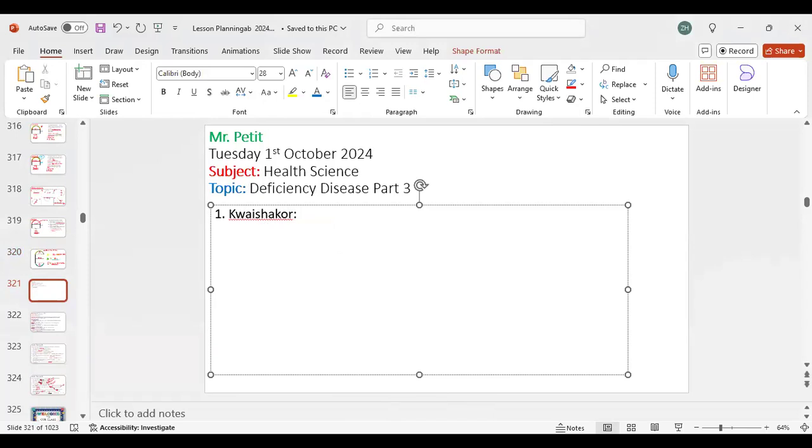There is a misspelling. It's spelled like this. Now we can pronounce it. Anyone know how to pronounce this? Kwashiorkor. Okay.